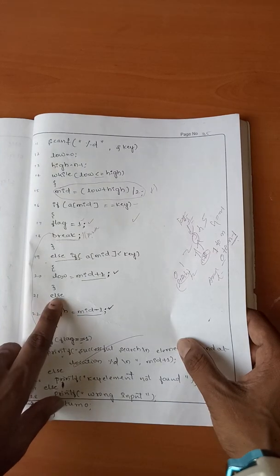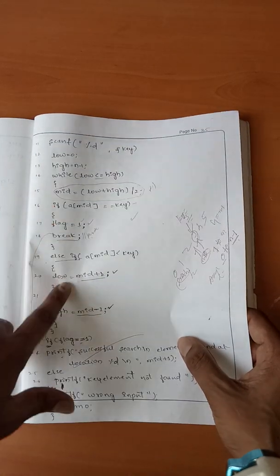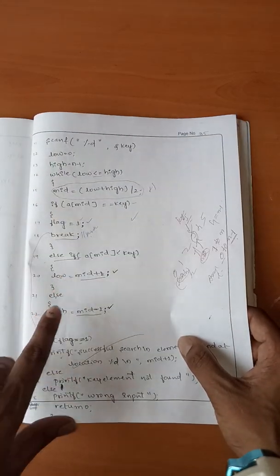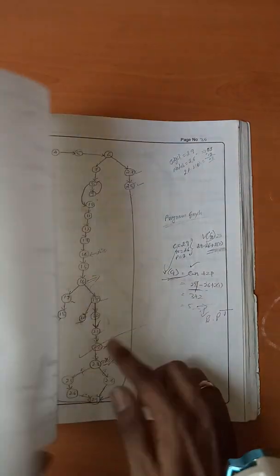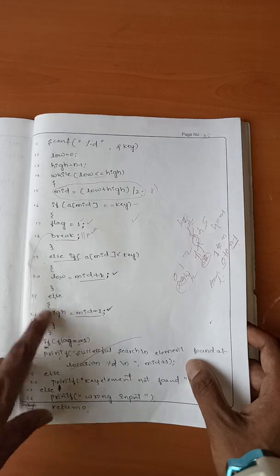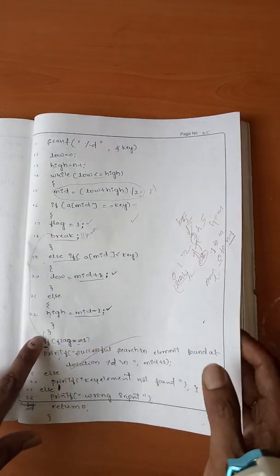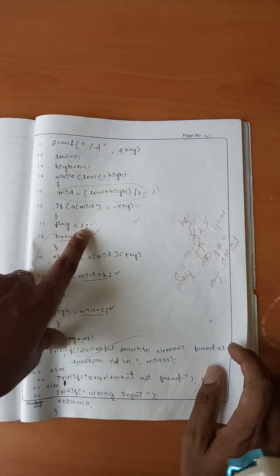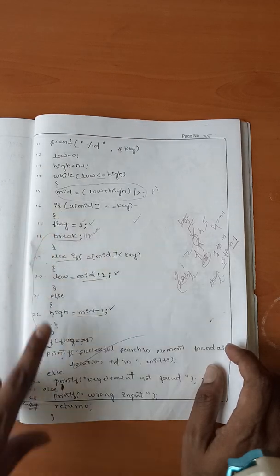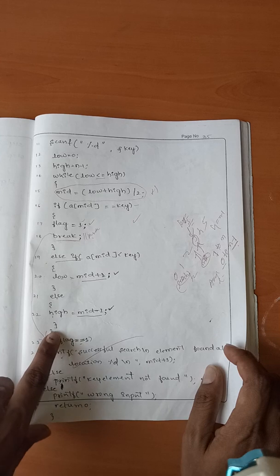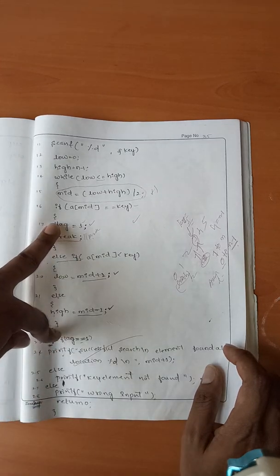Obviously if these two conditions are not satisfied, it comes to the else part and executes the 22nd. Then it terminates the while loop and the if. Then if the value of the flag equals 1, the control will come to 23. This is the termination of this if.